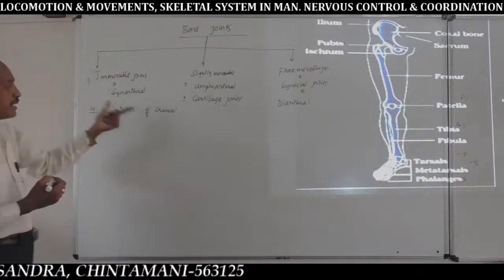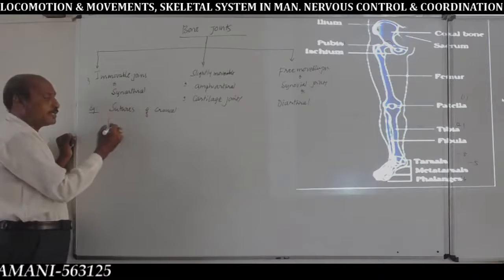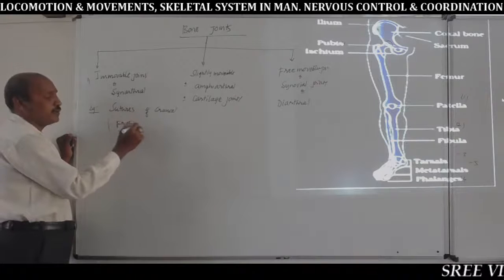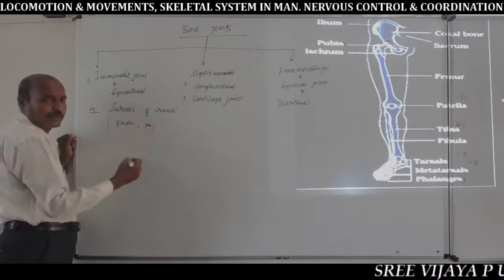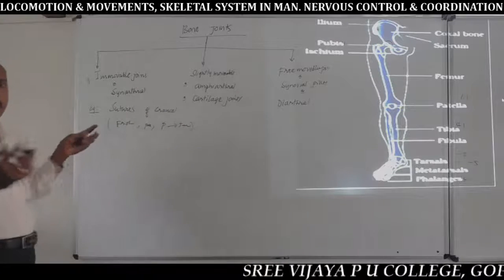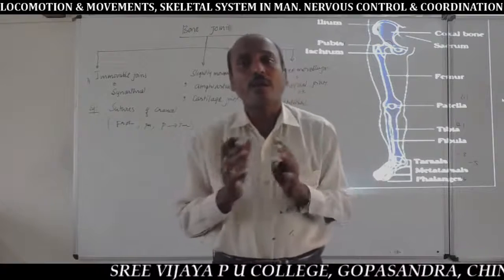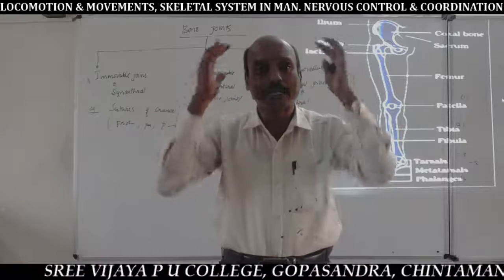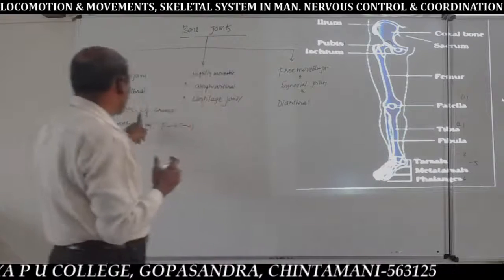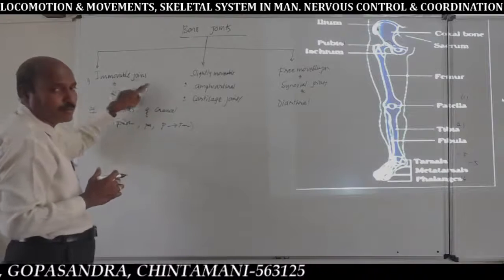For example, the joints between the frontal bone, parietal bone and temporal bone etc. are sutures. Such sutures are completely immovable joints. So the sutures of cranial bones are an example of immovable joints.